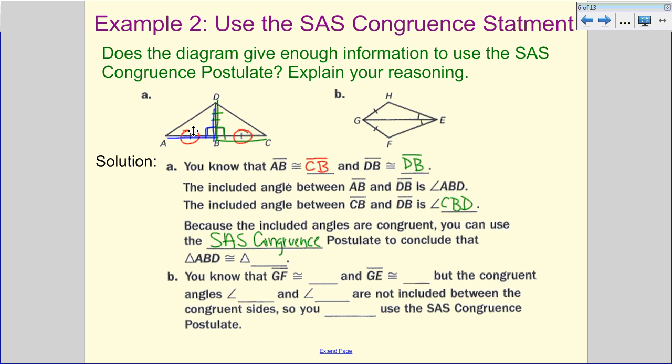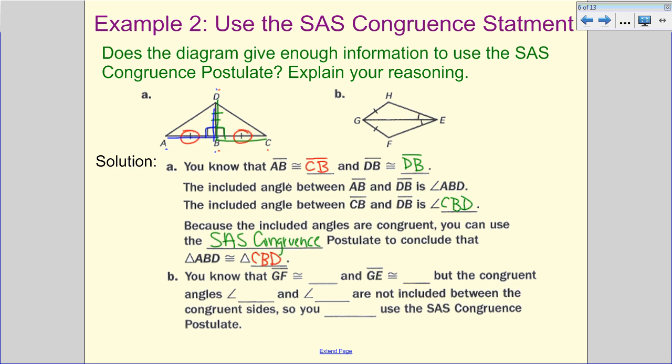The two sides meet at a congruent angle. These two sides meet at the same corresponding congruent angle, so that's what side angle side is. So triangle ABD, we go in that order, is congruent to triangle, I need to start at C, because C corresponds to A, then B, then up to D.